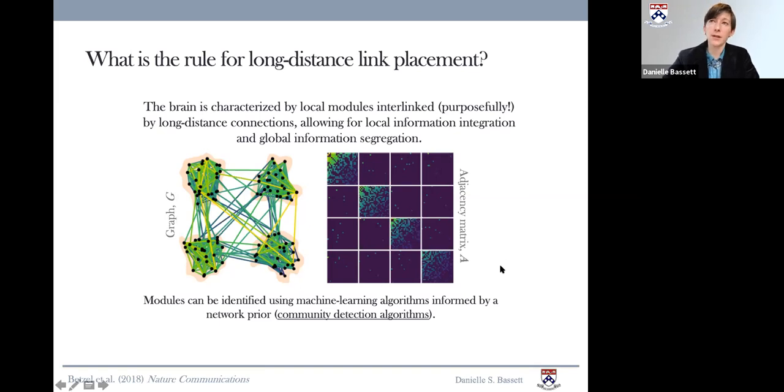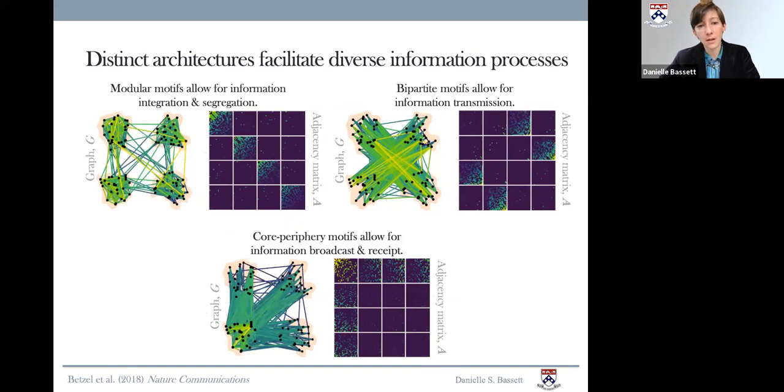But before, and actually even without doing that, I want to take a step further and say, is modularity enough to explain the kinds of information processing needs that a brain may have? And I don't think it's enough. And let me tell you why. So I think that there are distinct architectures that a brain network has to have in order to facilitate very diverse information processes.